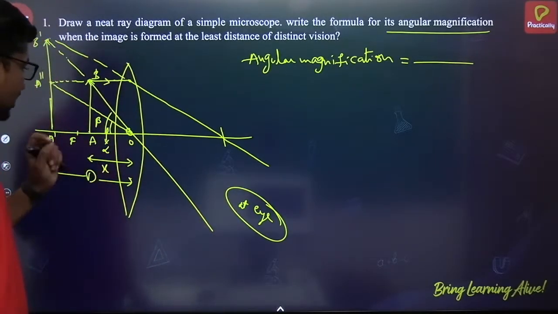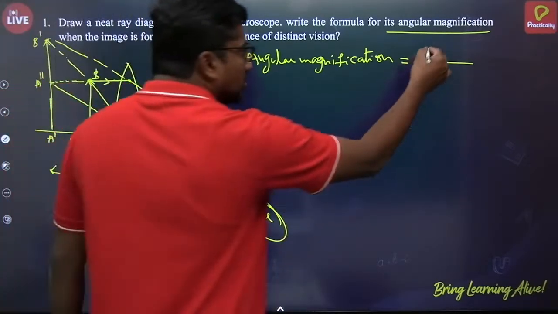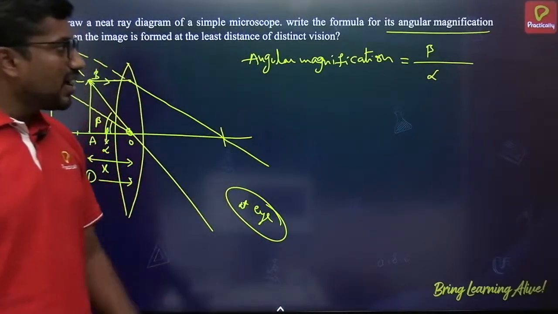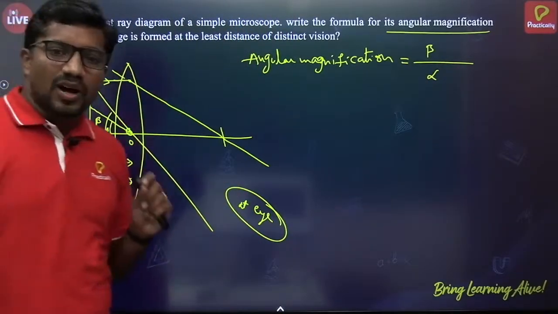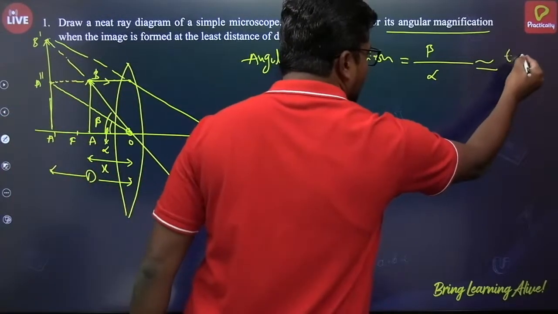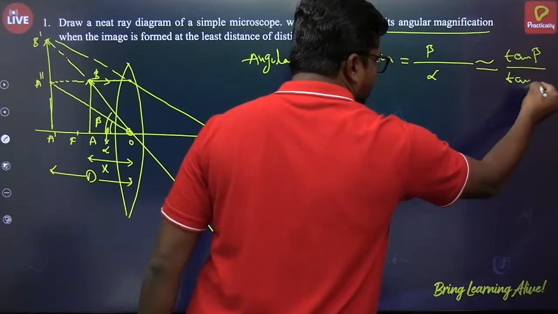That means beta to alpha. Here I have shown it as beta and alpha respectively. Beta and alpha here are small angles. So for small angles I can take an approximation, tan beta as well as tan alpha.